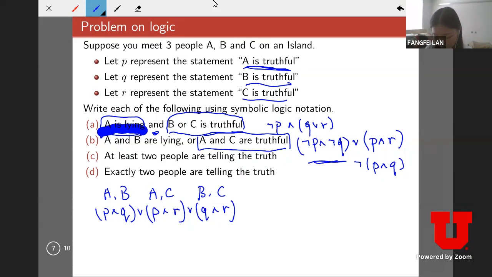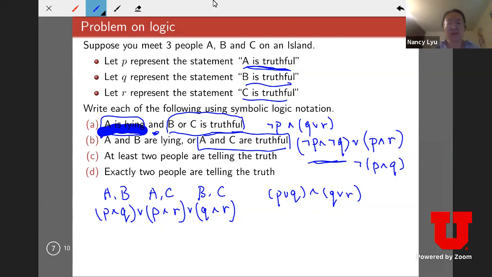Somebody asked, would P or Q and Q or R also work for C? So P or Q means either A is truthful or B is truthful.